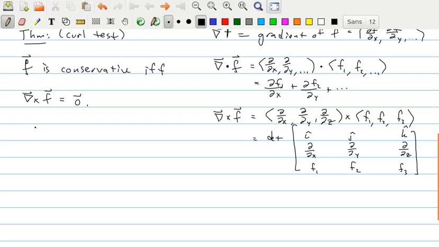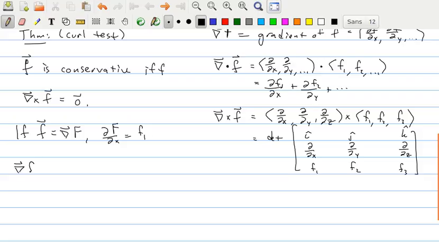Why this is, well, let's suppose that F has a potential function. So if F is equal to the gradient of some potential f, that means that the partial of f with respect to x is equal to F1, and the partial of f with respect to y is equal to F2, and so on.